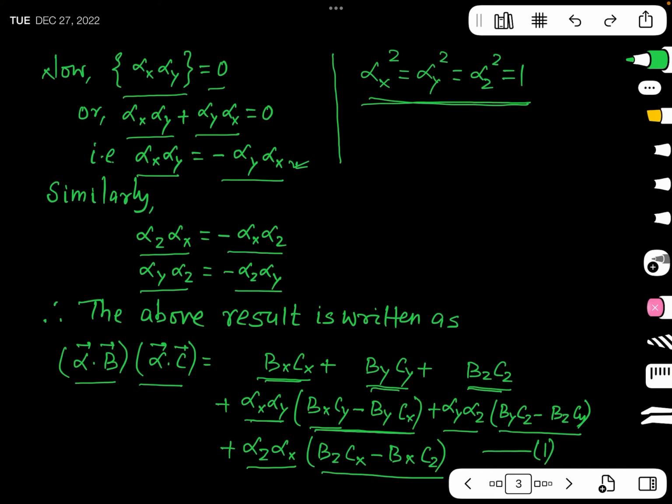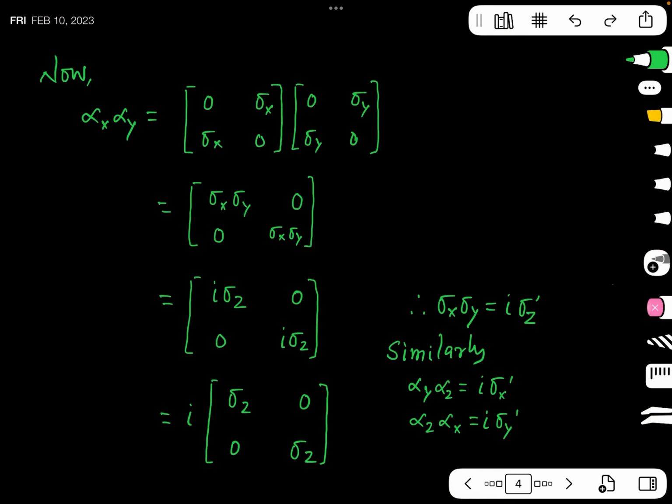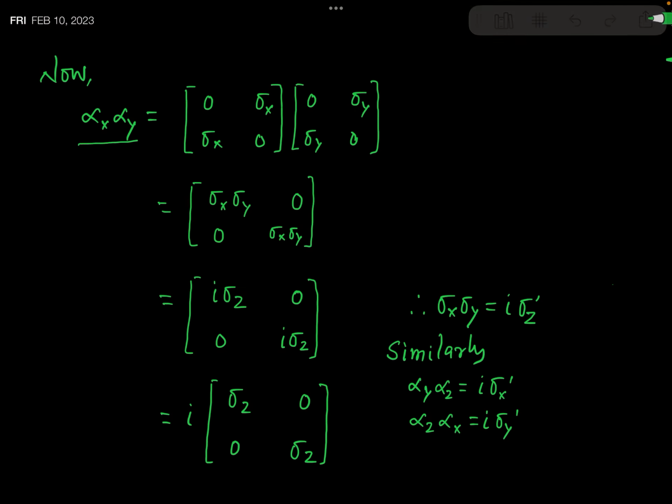First of all, our aim is to find alpha x alpha y, alpha y alpha z, and alpha z alpha x. First of all, we will find these, and then we will find the scalar product and the vector product of B and C. So you can see here alpha x alpha y.